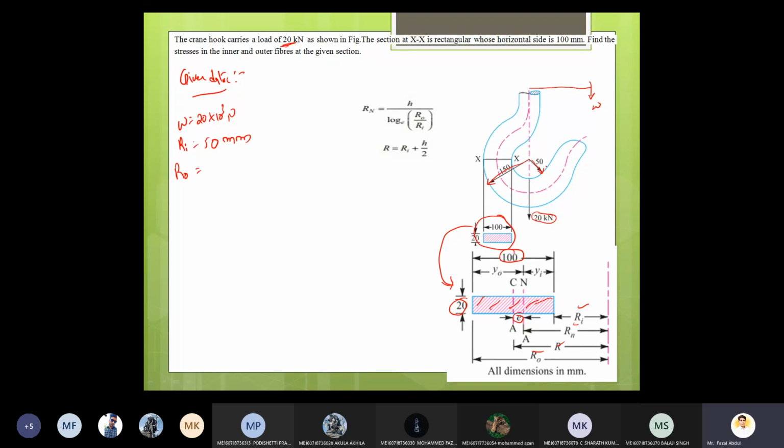The H value, height of the figure, is given in the problem as 100 mm. Width of the figure is given as 20 mm. What is the area of the rectangle? b into h, that is 100 into 20, that is 2000.